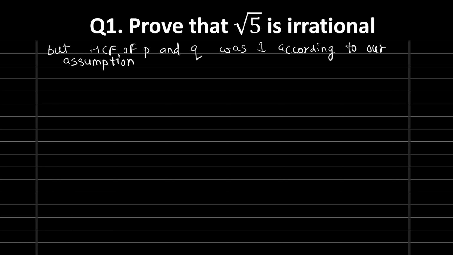So according to our assumption, HCF of p and q was 1. But as a result, we got that HCF of p and q came out to be 5. There is a common factor between p and q, that is 5.